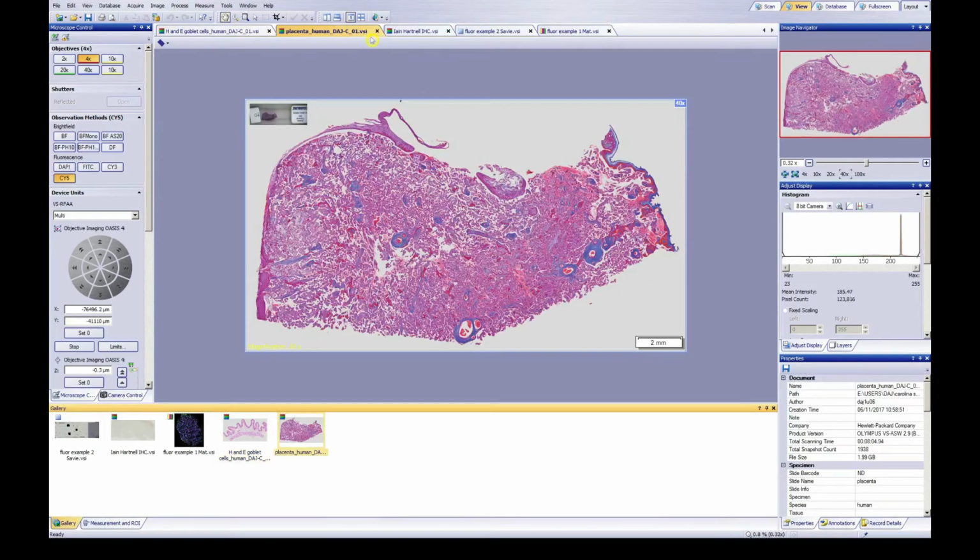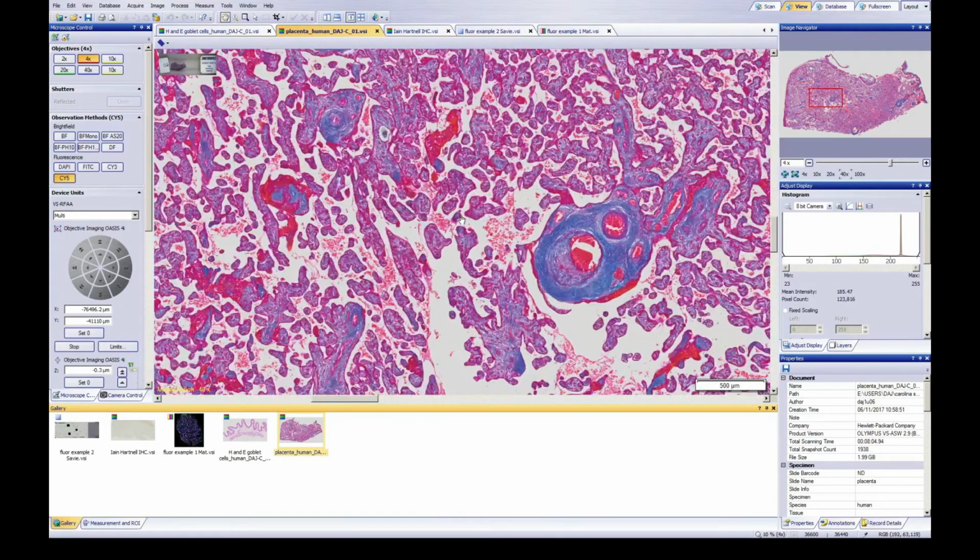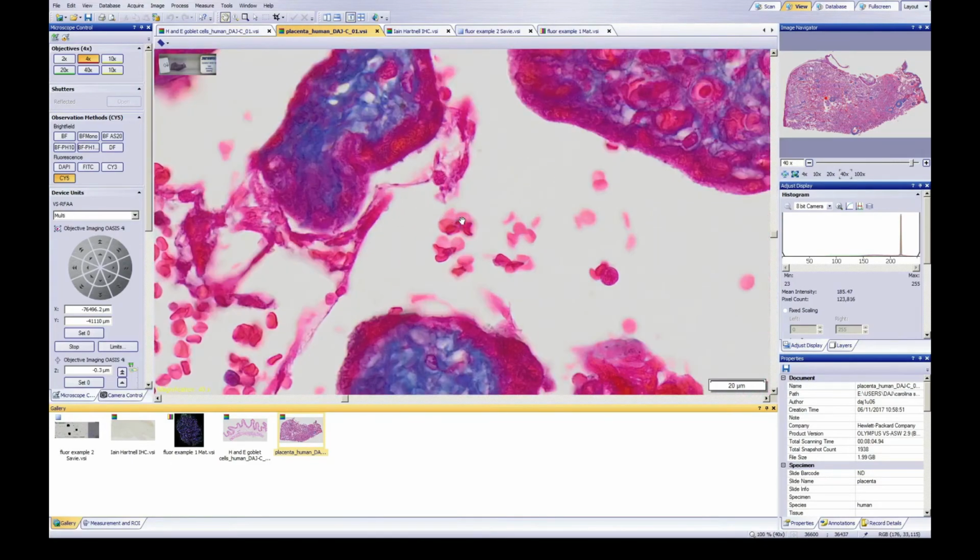This is part of a human placenta, stained with a polychromatic stain and scanned with a ×40 objective. There are 1,938 individual images in this dataset.